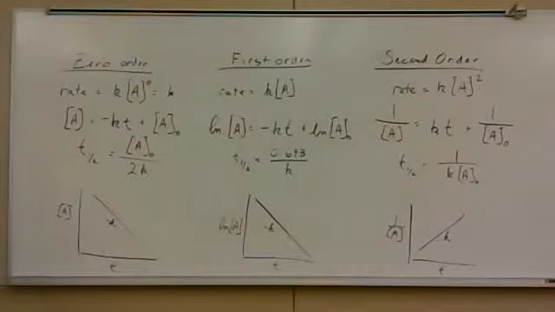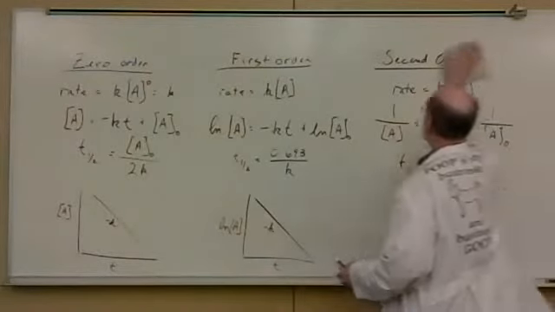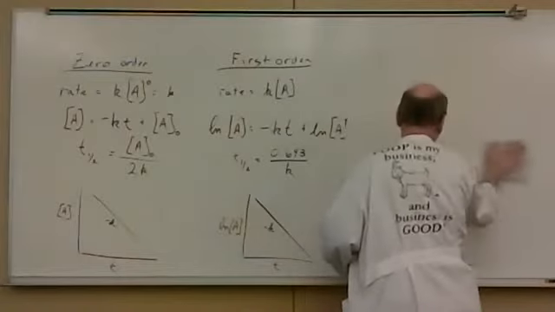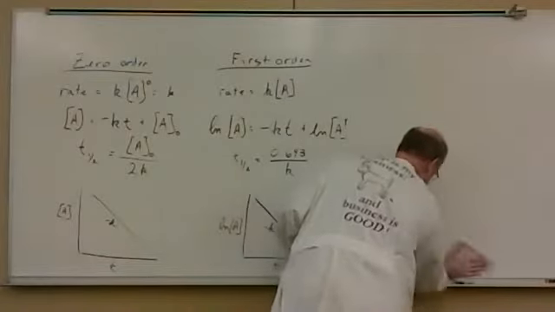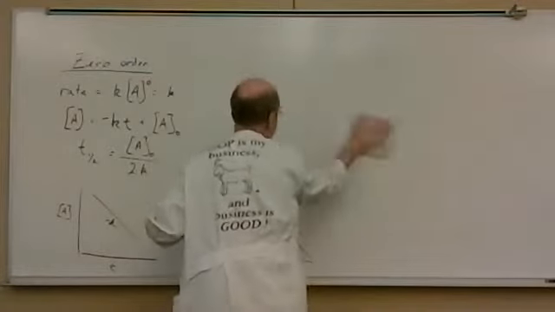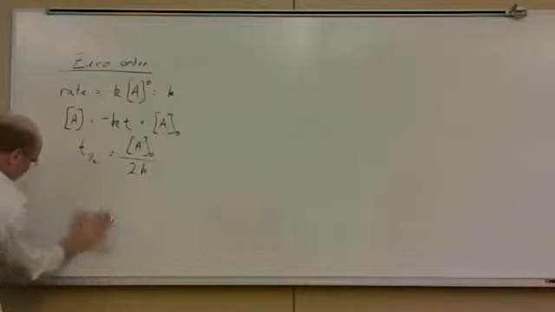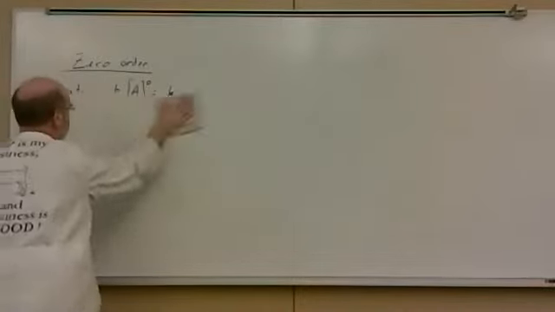Method of initial rates. So I'm going to have to erase this to make room. In the method of initial rates, you actually have several experiments that have been run.